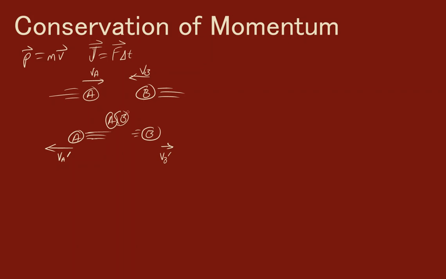Okay, let's look at the interaction here. This collision, according to third law, the force of B on A should be equal and opposite to the force of A on B. And we know that the time that B is in contact with A should be equal to the time that A is in contact with B, so that interval there.